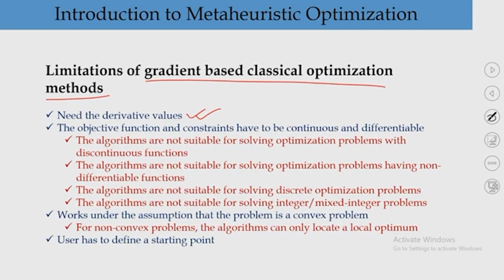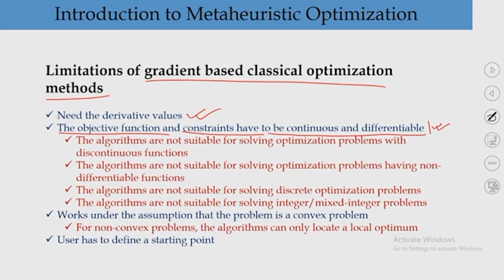The second one, the objective function and the constraints have to be continuous and differentiable. So, I already said that one, because I would like to apply the gradient based classical optimization technique. So, therefore, the function has to be continuous and differentiable. Okay. So, this is the one assumption, or this is the need.